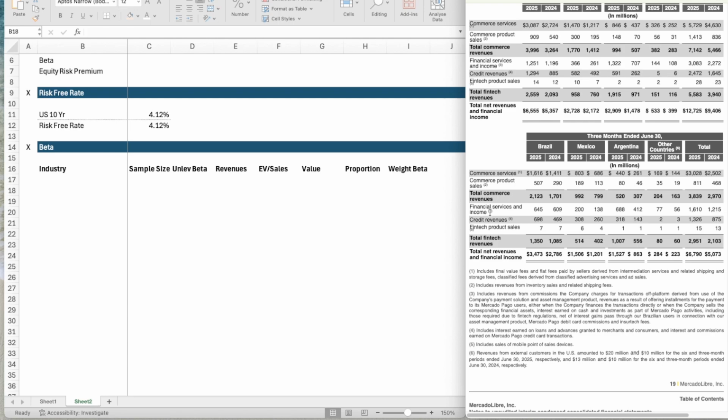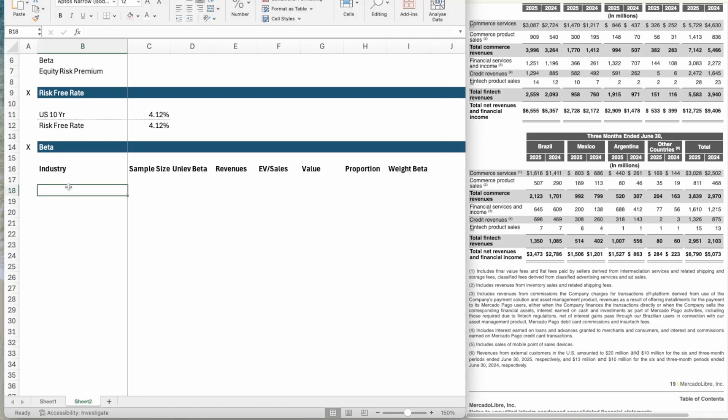The financial service, all of these, I think we just put into the financial services. So this really is software internet because it's almost like a third party, and then this is from its own inventory. So, okay, yeah, we're good. Let's go. So, commerce services is software internet.